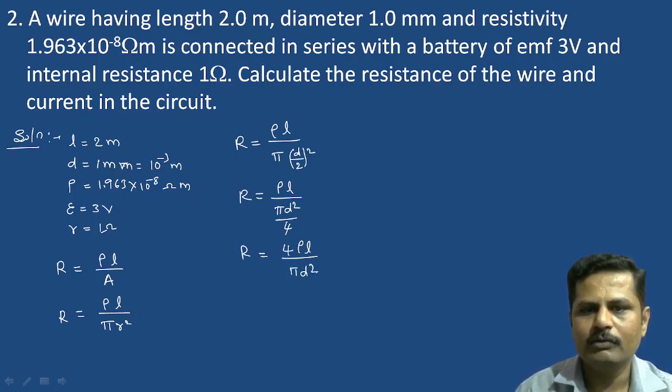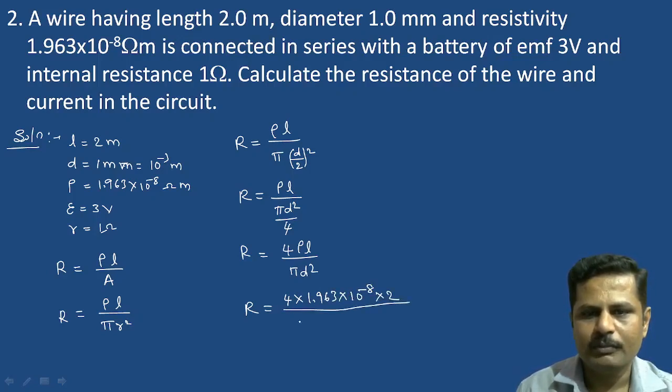Now we can substitute the values: 4 into rho, that is 1.963 into 10 raised to minus 8, into the length of the wire, 2 meter, divided by pi, 3.142, into d square, that is diameter 10 raised to minus 3, and if I square it, it becomes 10 to the power minus 6.